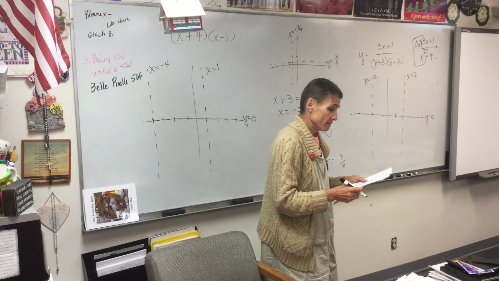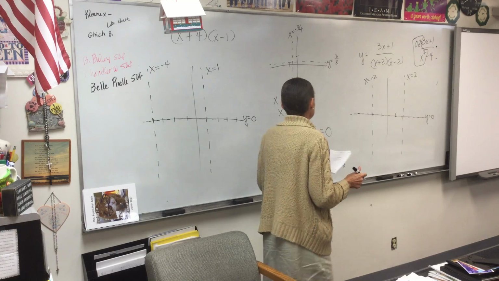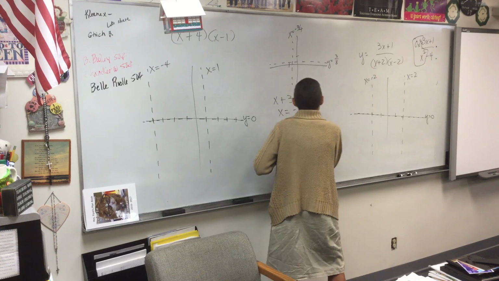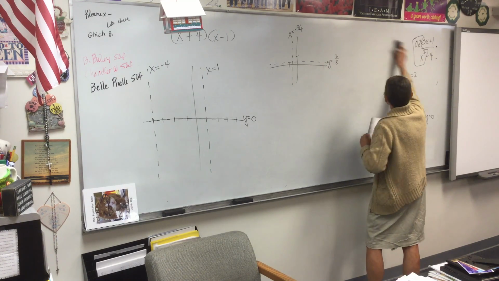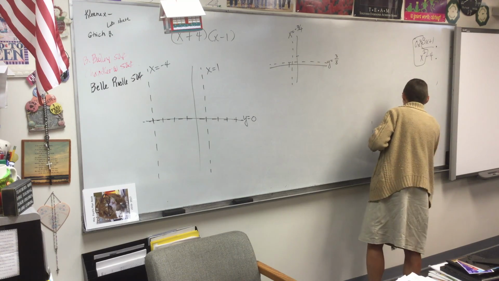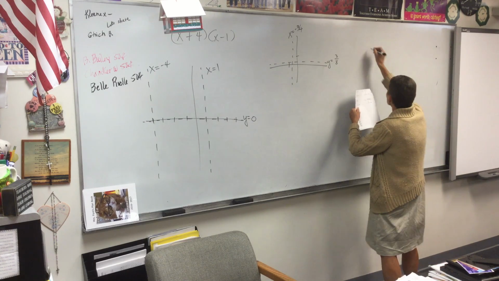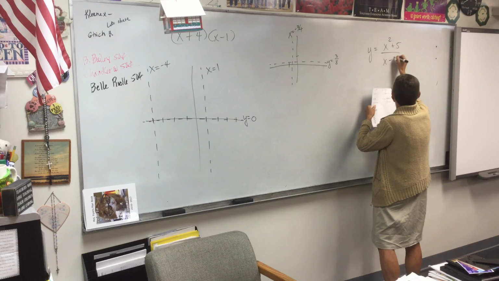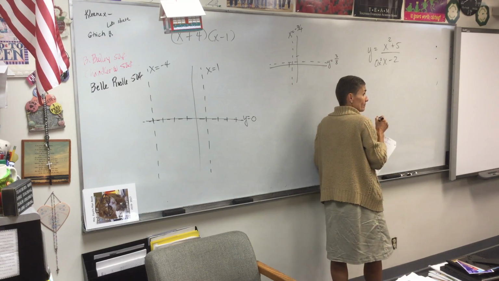Now look at G. Because I'm mean and nasty, what did I do in G? The rules change when the bigger power is on the top. Think about it for a second. When the bigger power is on the top, that means there's no x squareds on the bottom, right?